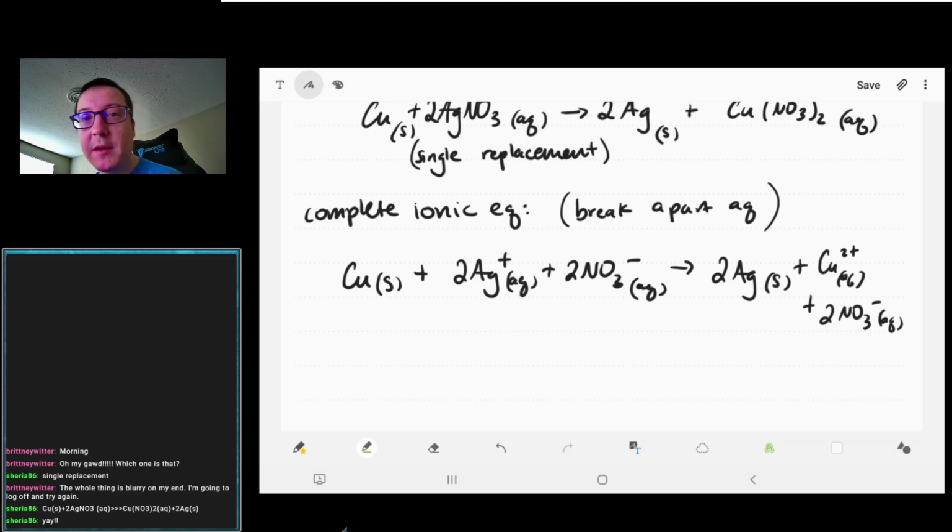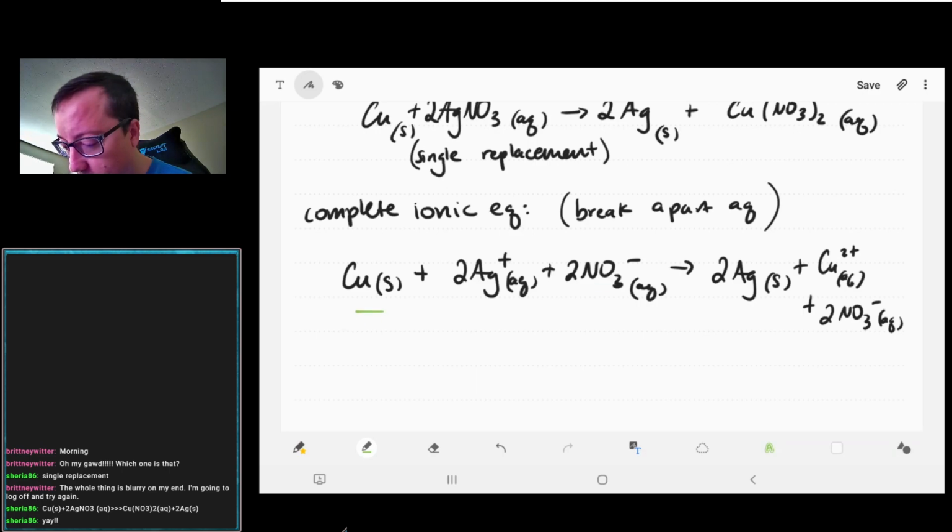By the way, there may be times where everything is a spectator ion. Not in this case. This one will have a net ionic equation. If your net ionic equation is nothing, that means overall no chemistry has happened. You might see that in certain double displacement reactions, but our single replacement ones will always have a net ionic.